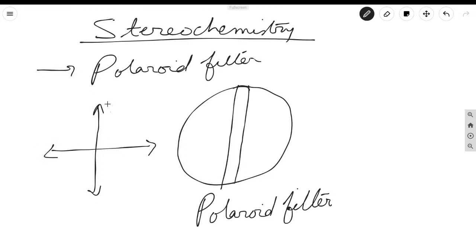So it is vibrating in the y-axis and x-axis. After it passes through the Polaroid filter, the light that emerges this side will emerge with one half of the intensity and one of the ways of the vibrations, means oscillations in one of the axes, which must be in a single plane, and that light is known as a polarized light.